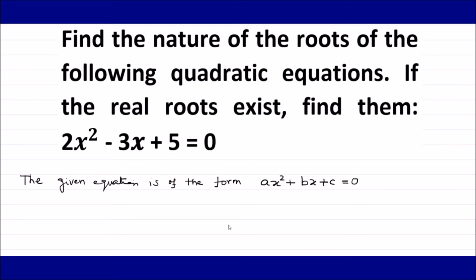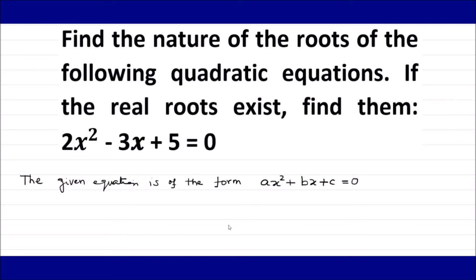If you see, 2x² is nothing but ax², 3x is nothing but bx, and 5 is nothing but c. For that reason, the given equation is of the form ax² + bx + c = 0, and this forms a quadratic equation.